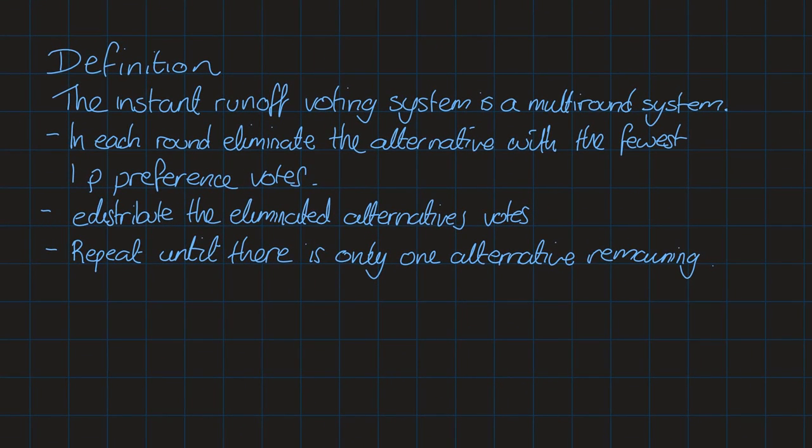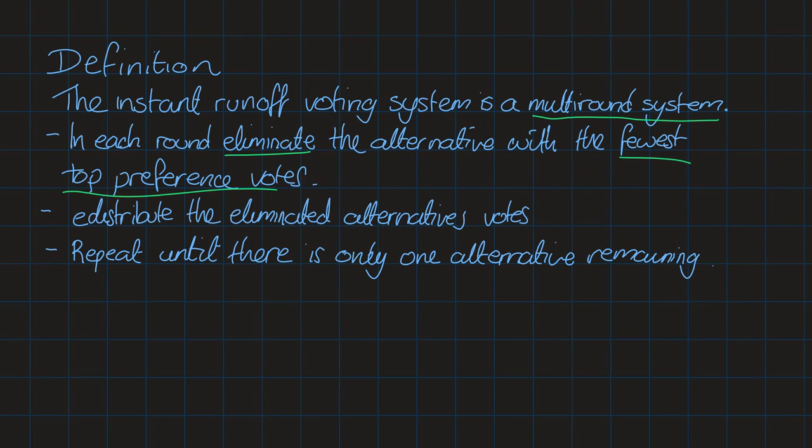The instant runoff voting system is a multi-round system. That means the winner is selected after multiple rounds, and the exact number of rounds depends on how many alternatives you have. In each round you eliminate the alternative with the fewest top preference votes.